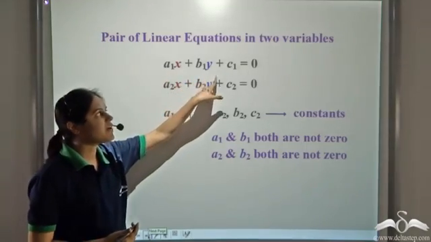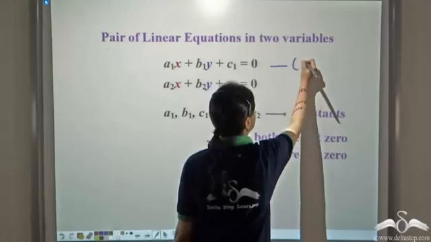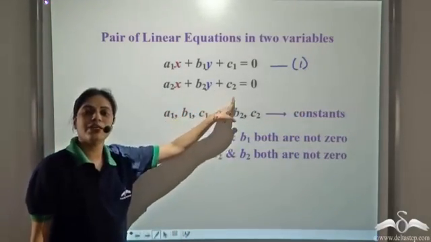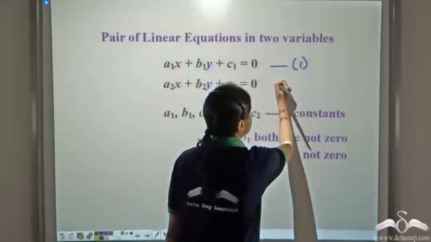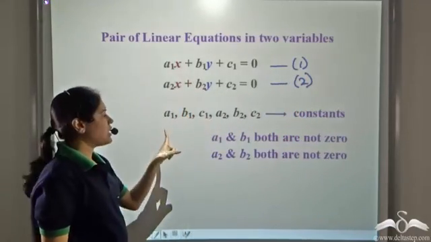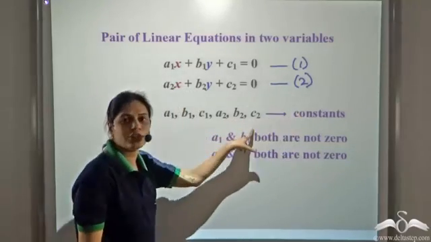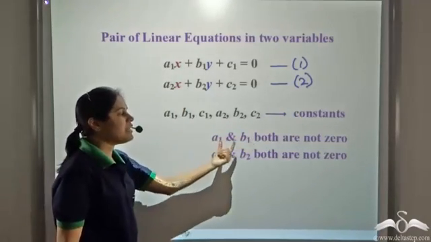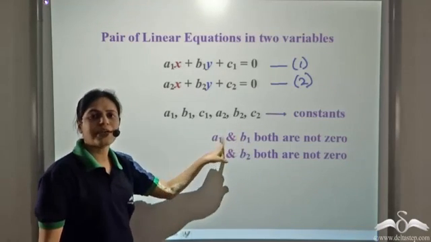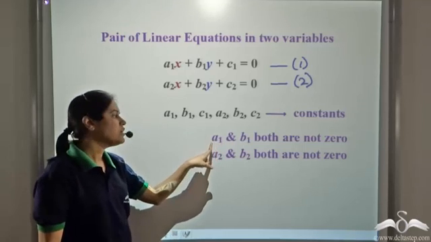a1x plus b1y plus c1 equal to 0. This is the first equation. a2x plus b2y plus c2 equal to 0. This is the second equation. So these are two equations, a1, b1, c1, a2, b2, c2. These are all constants. a1 and b1 both cannot be 0. Either of them, that is any one of them could be 0, but both cannot be 0.